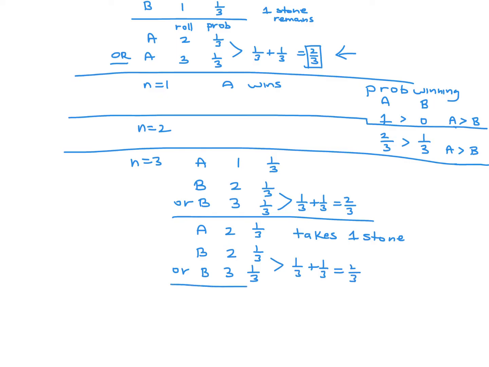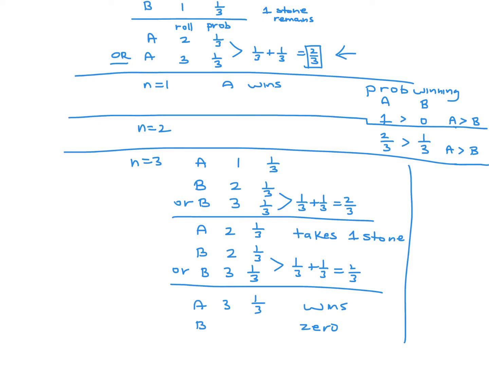Now if Alice rolls 3, then of course she just wins automatically, because there's 3 stones, and Bob would lose, so his probability of winning is 0. So then we have to add all these guys up.